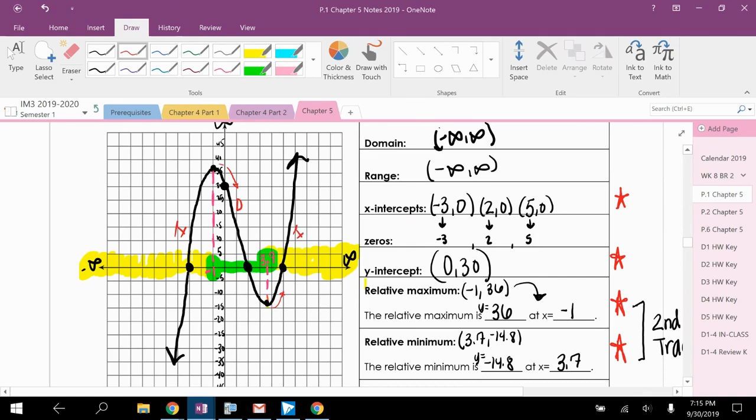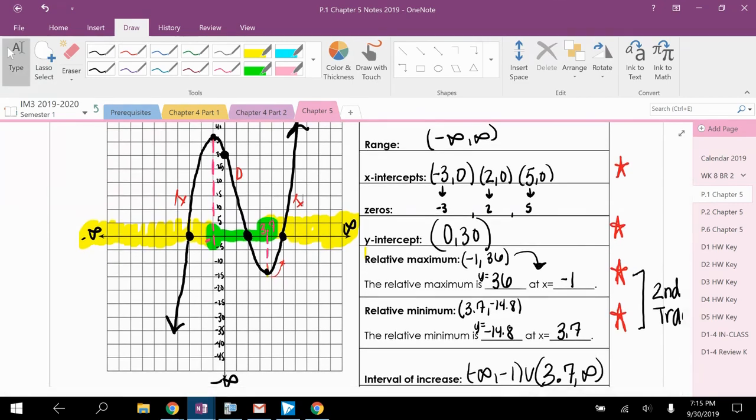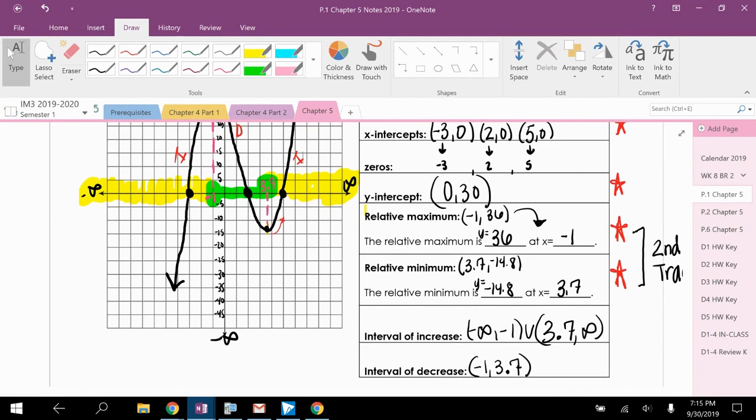So there were two pieces that increased on the graph, and there was one piece that decreased. That's always going to happen with cubics. It's going to happen a lot. Again, only the x values are used for interval of increase and decrease. So x values only.